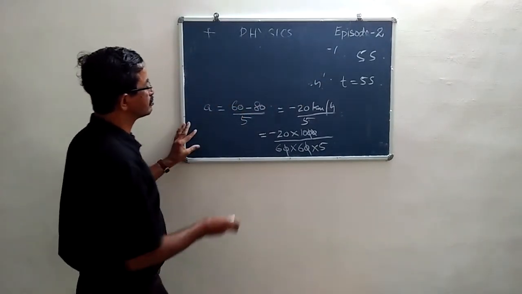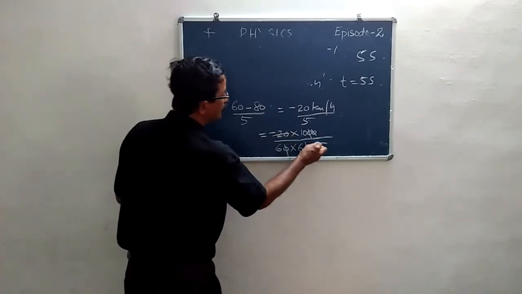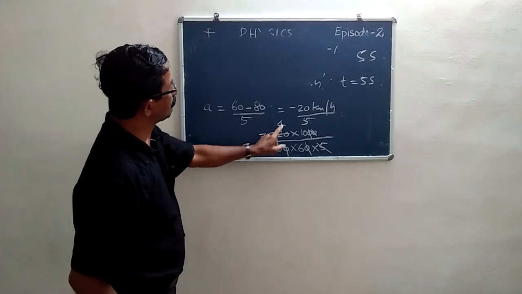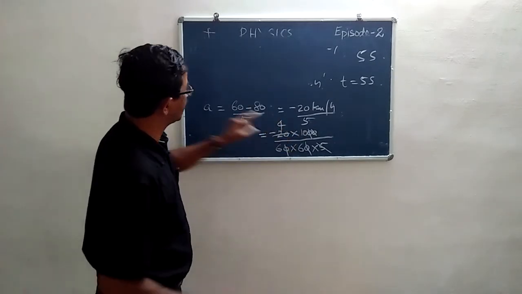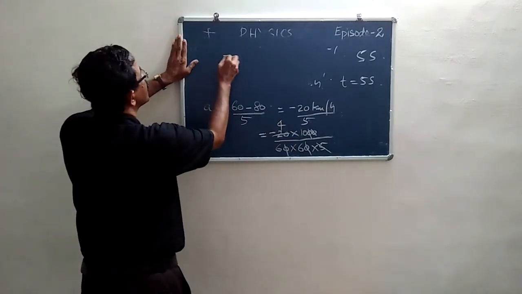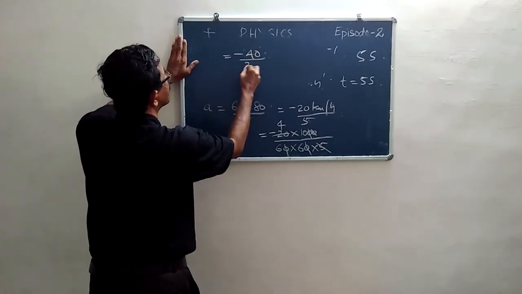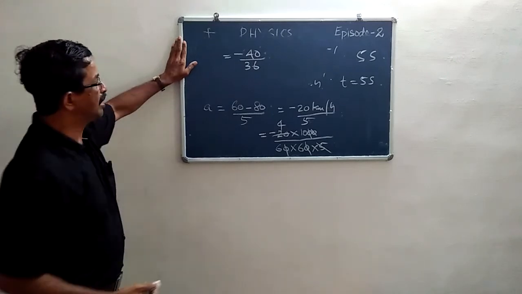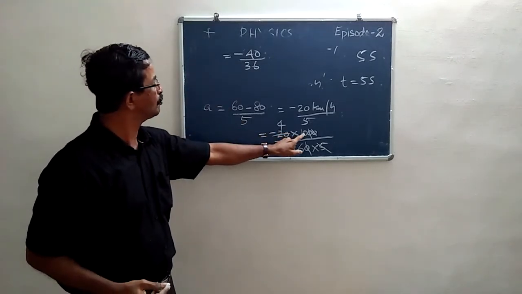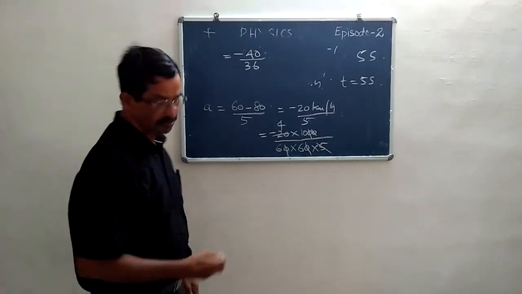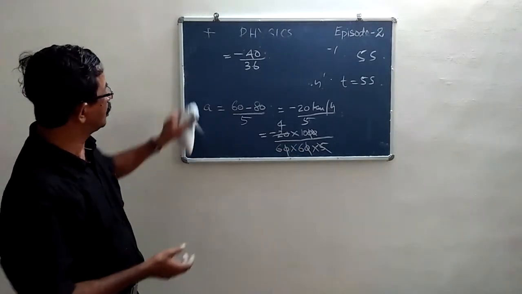See, in this 25, 4 times. And this minus 4 into 10, that is equal to 40. That is minus 40 divided by 36. How much will it come?